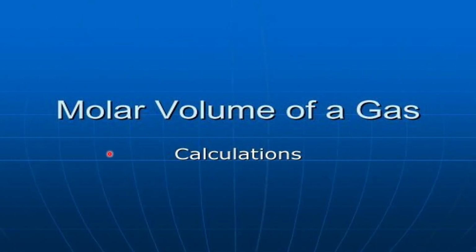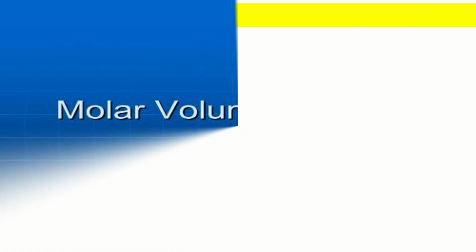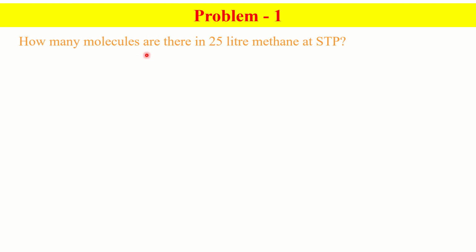So here we will do the problems now. Molar volume of a gas calculations. At first, problem 1. For every math, I will show here in two ways. One is without using formula and another is using formula. You can follow any of these two. How many molecules are there in 25 liter methane at STP?